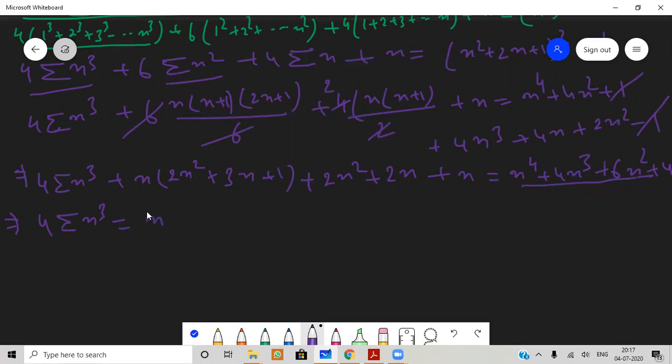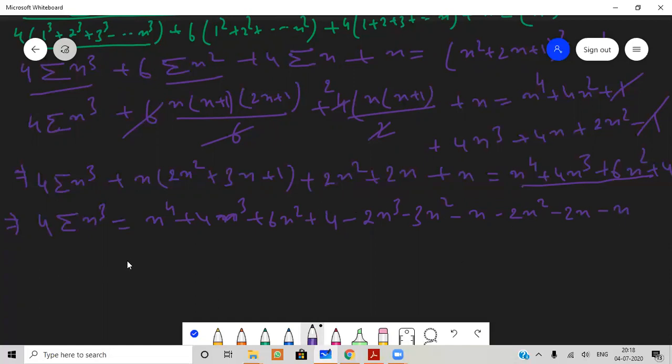So n to power 4 plus 4n cube plus 6n square plus 4n. When I multiply this becomes 2n cube, and it is transported to right, it becomes minus 2n cube. This becomes 3n square, so minus 3n square. And this becomes n, so minus n. Minus 2n square, minus 2n, minus n. All these terms sent to right.